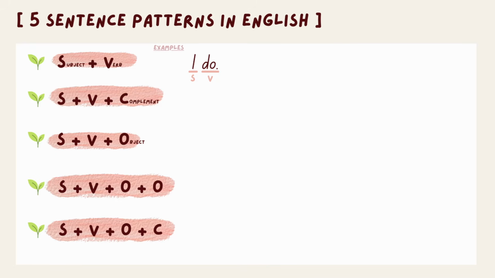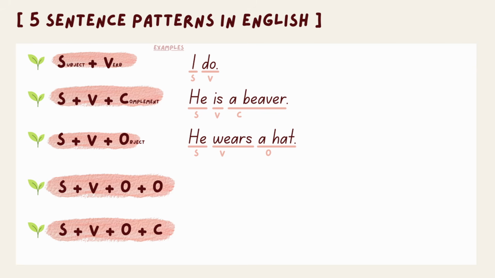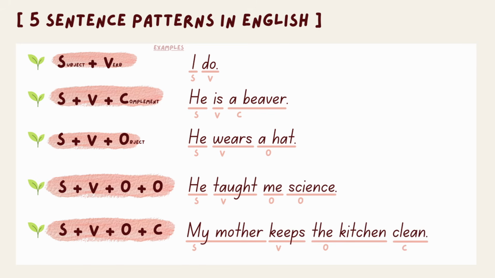In English, we have to keep the sentences in these forms like subject, verb, subject, verb, complement, subject, verb, object, subject, verb, object, object, subject, verb, object, complement.